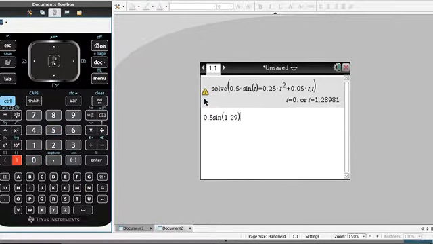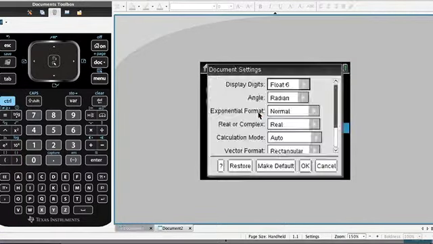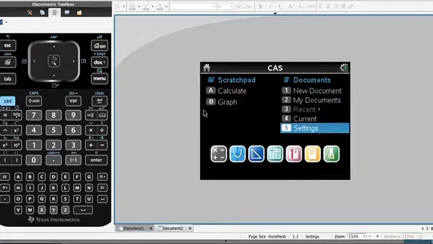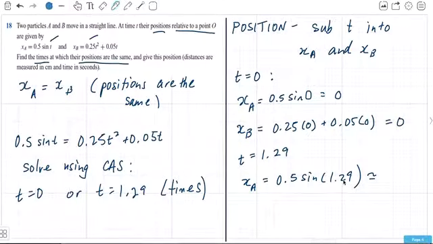If you want to check it, remember you can go home, check your settings, document settings. Yep, it's radians, that's all good. Press enter. So 0.48 I've got for there. 0.48. And it says here that the distances are measured in centimetres, and the times are in seconds.